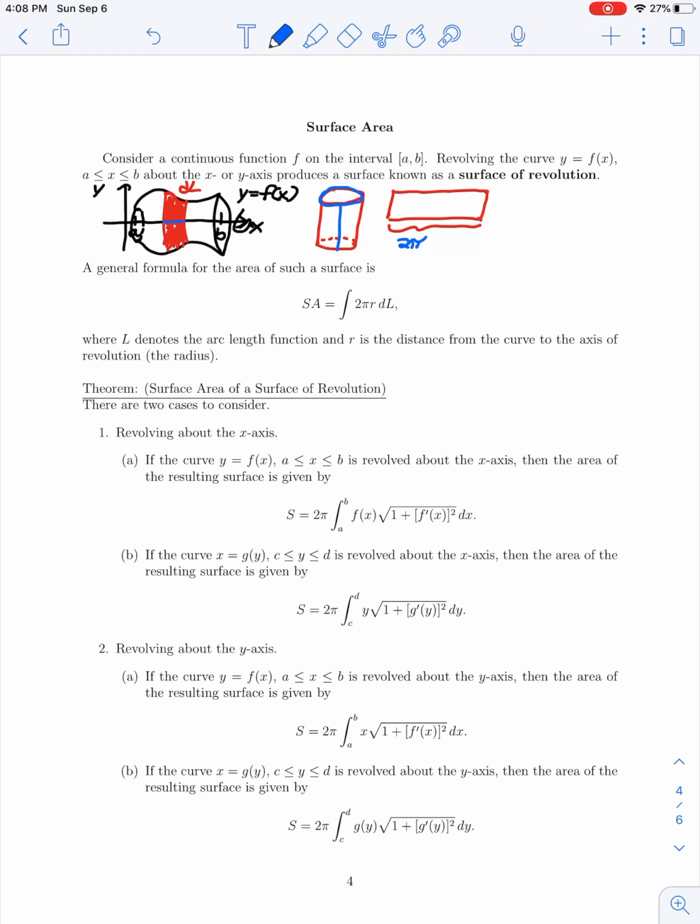For now, let me call it 2 pi r. And then I would multiply by the height of this little cylindrical strip. So this height, the length along this segment, would be the length along this little segment of my curve, whatever this differential of arc length is. Let me call it dl.